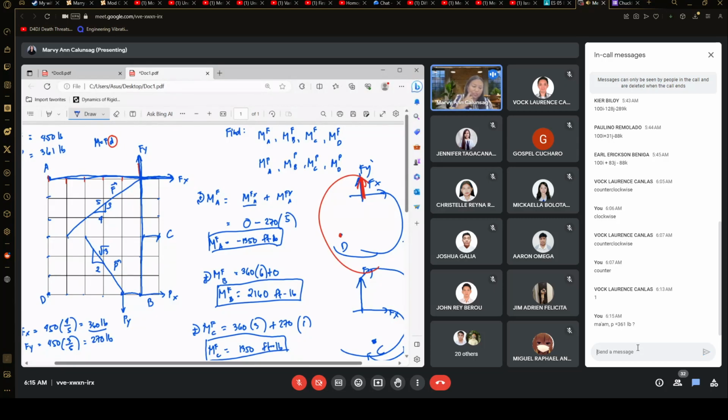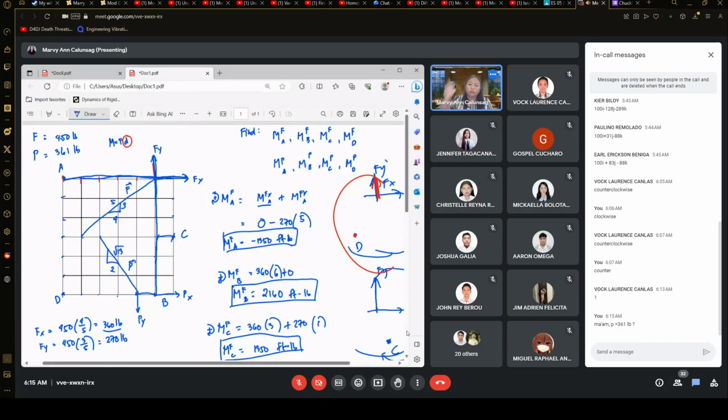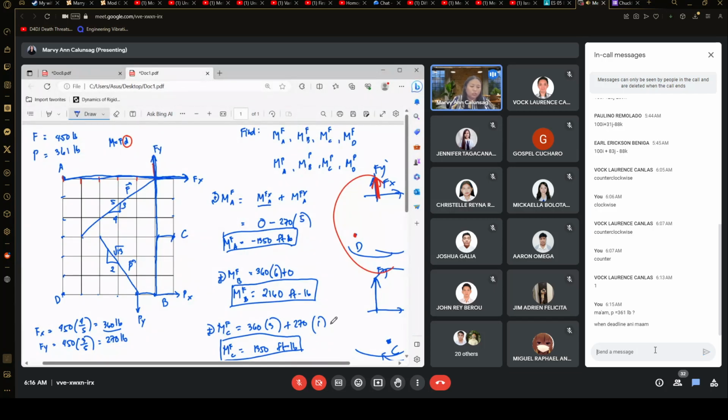Okay, because I still have to go somewhere. 361 ang force P. Kindly screenshot the drawing of force P and you try solving on your own. We will compare your answers once you have your answers sa chat box, at na ta mag-kumpira kinsa tong nakakuha. You may answer right now, but I will have to leave na the Google meeting, so you just have to answer on your own.